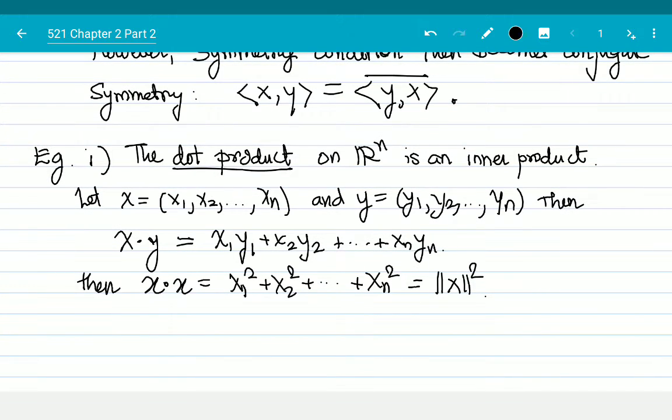Right? You have seen this before. And we will show using the coming theorem that this is a norm. The norm satisfies the triangle inequality and everything. So this is one example.